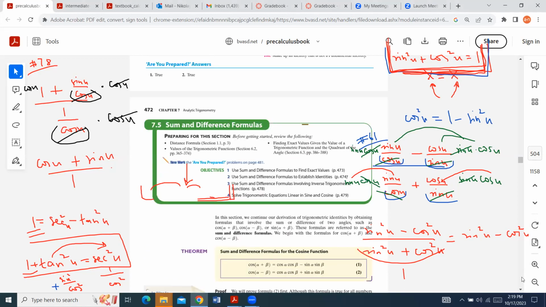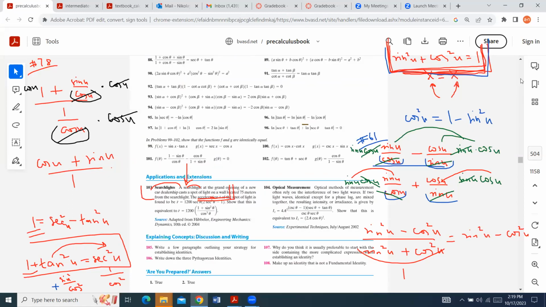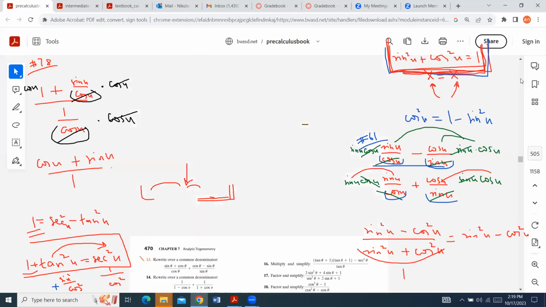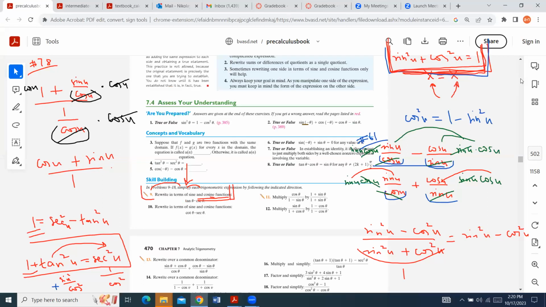So the next sections will deal with more involved exercises and this type of little algebraic simplifications, and I guess we'll continue with that next time, because again, the problems here start to get too involved into various algebra.